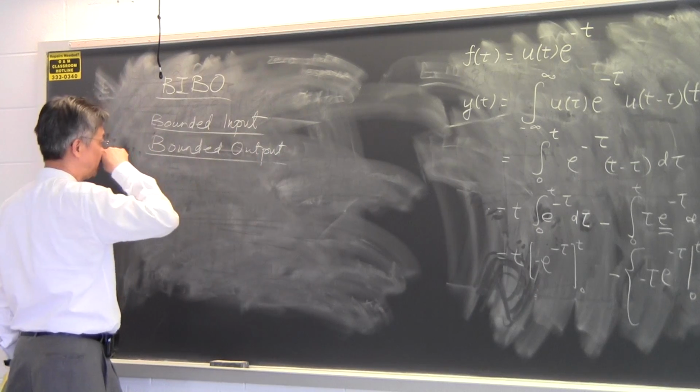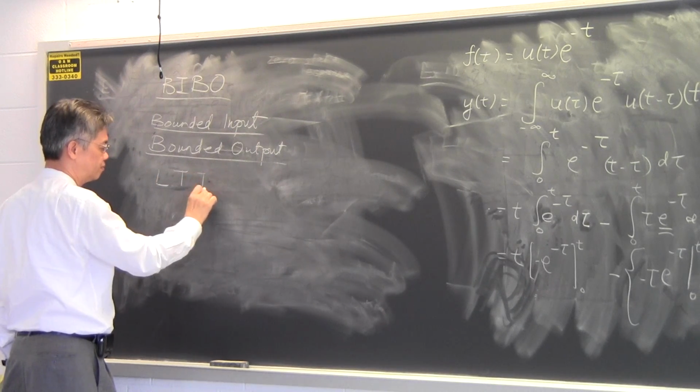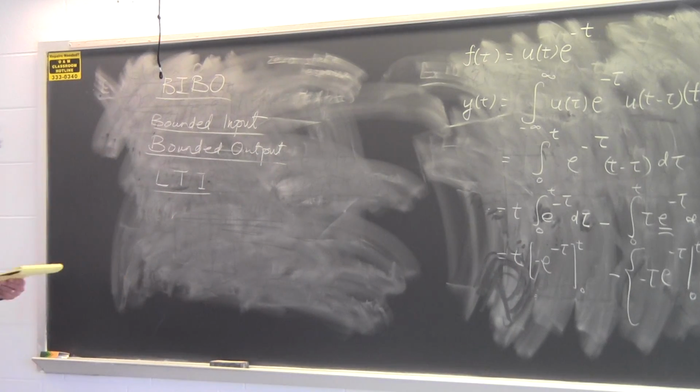This is a property of the linear time invariant system, and let's prove this property: that if your input is bounded, then the output is always bounded, provided that the impulse response satisfies a certain property.